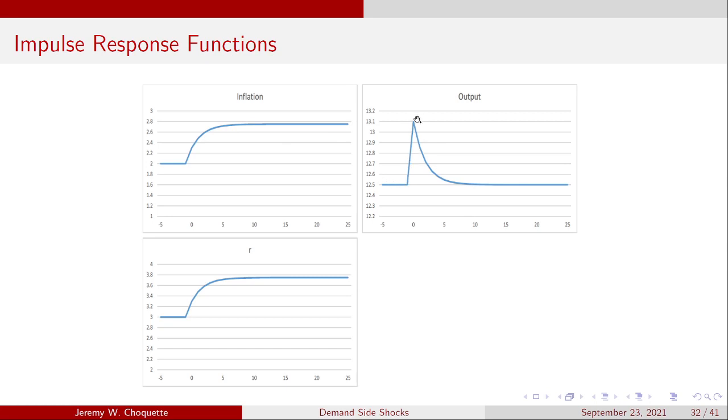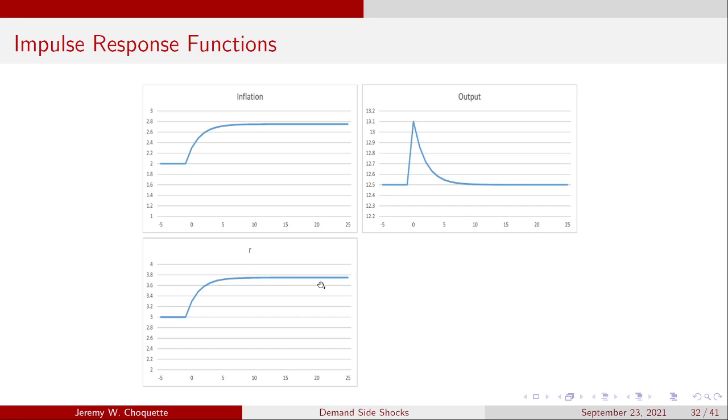So output spikes and it begins to drop back down. As it's dropping back down, inflation is going up, indicating that the short run aggregate supply curve is shifting in. And as it shifts in, in order to maintain equilibrium, the real interest rate keeps going up. Once output has leveled off, short run aggregate supply is equal to long run aggregate supply, so inflation stops moving.